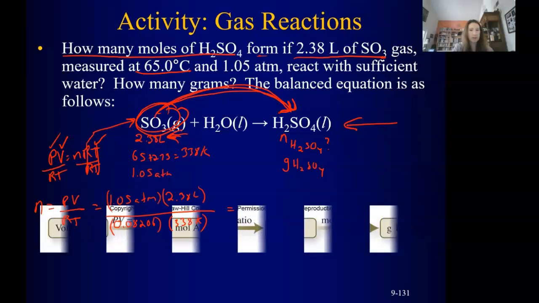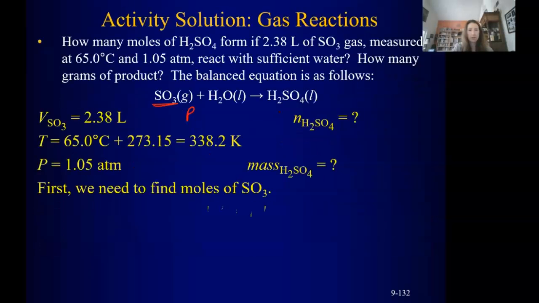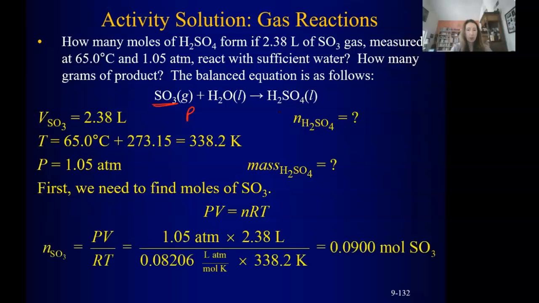And you get 0.0900 moles. By the way, I got 0.0900986.